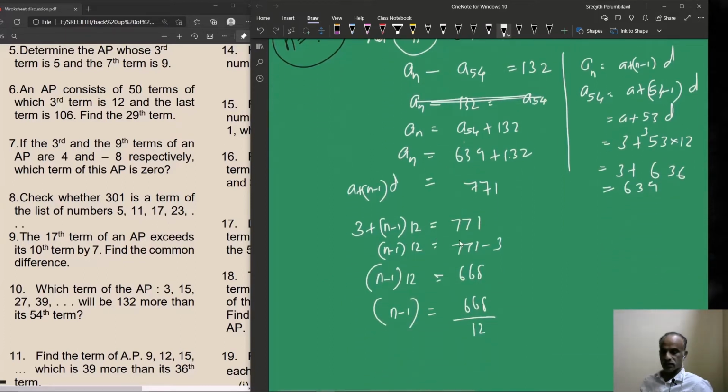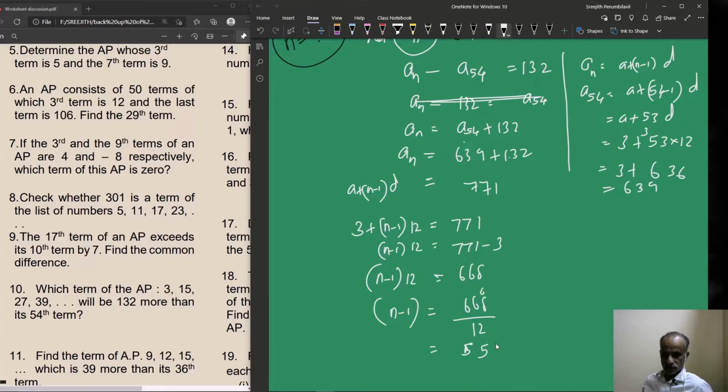A plus (n minus 1) into D. Some error there. Maybe some error in the 132 or something. Let me check it out. It's again a decimal.